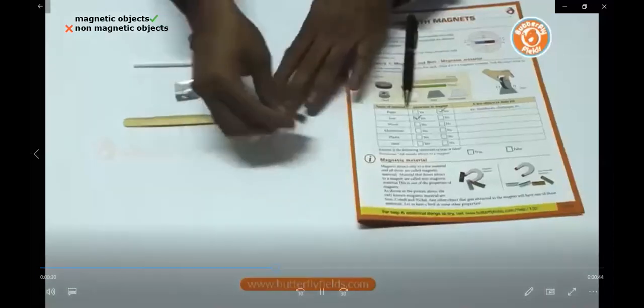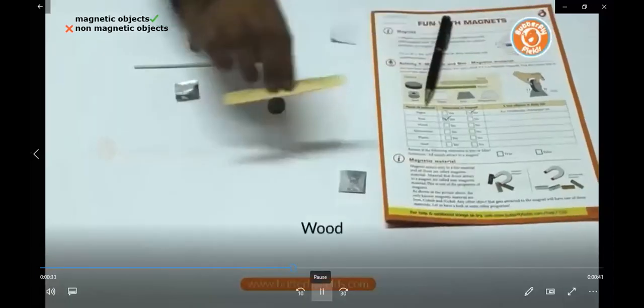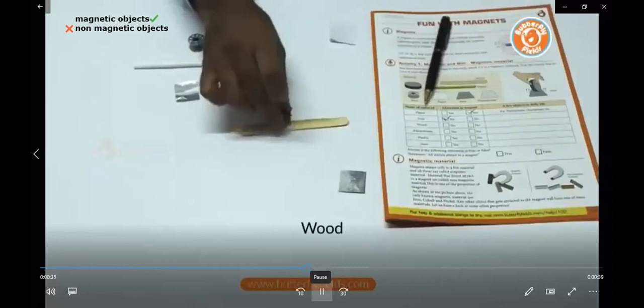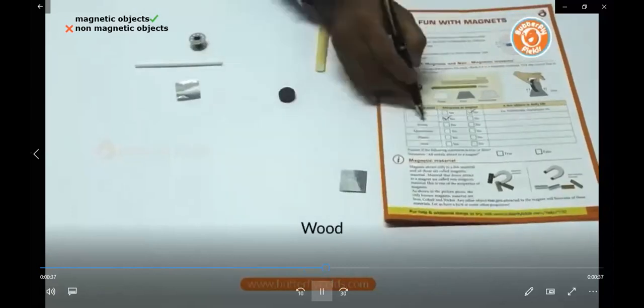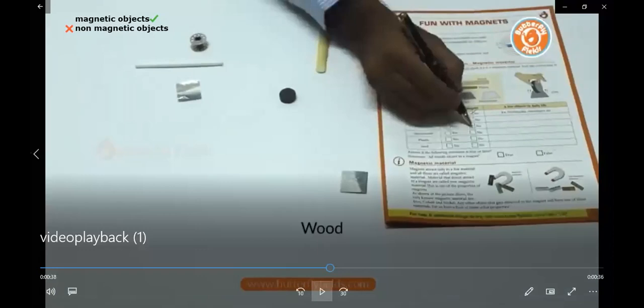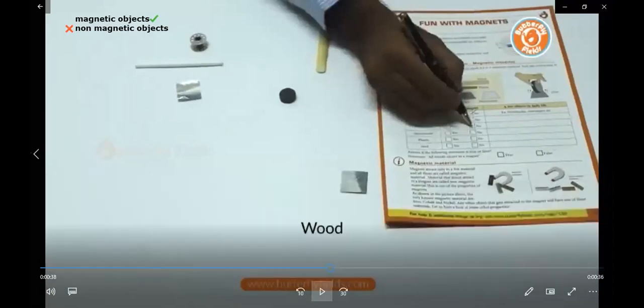Yalla Hassan. We have a wood stick. Look. Did the magnet attract the wood stick? No. So is wood magnetic or non-magnetic?